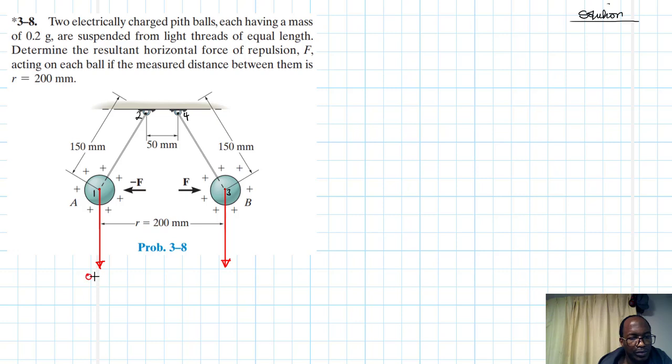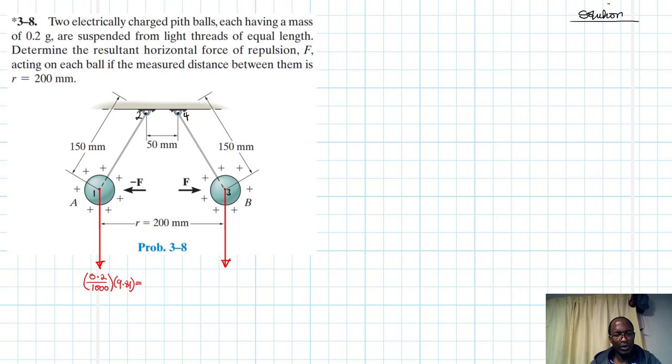So this is 0.2 times, we need to convert it to kgs, so 0.2 divided by 1000, because this is in grams, so we need to divide by 1000 to convert it to kgs, then times 9.81, because 1000 grams make 1 kg, right?